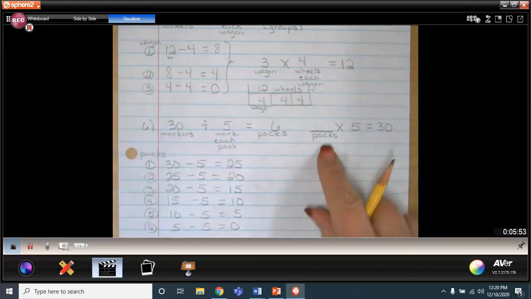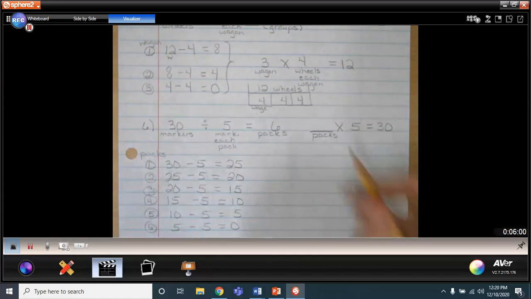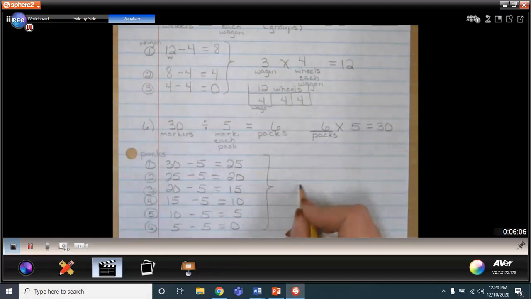Okay, now again, if I check my division using multiplication, these packs should be here. So I have 6 groups, which are my packs. I have 5 markers in each group.